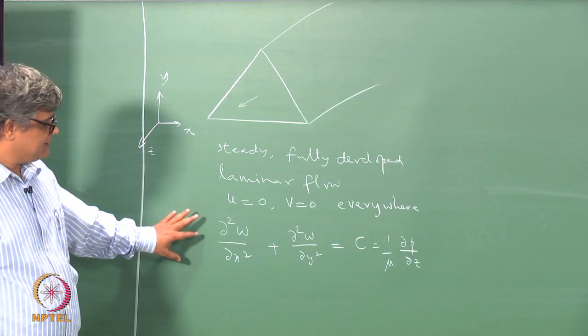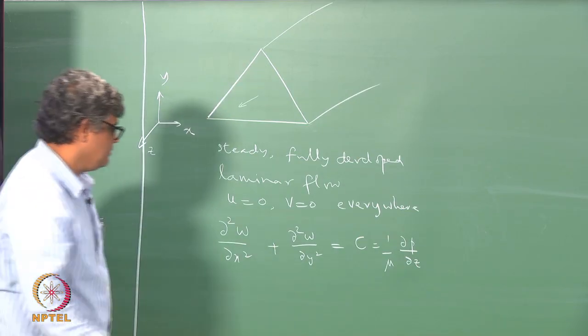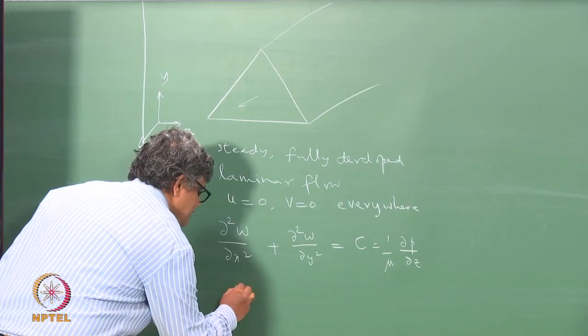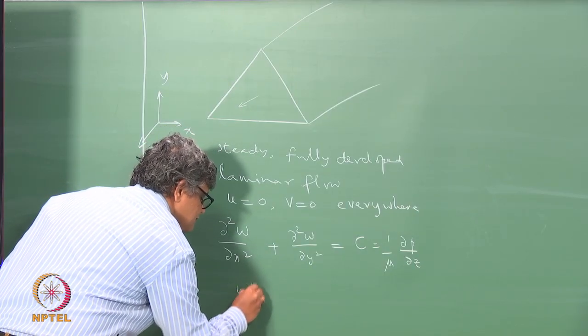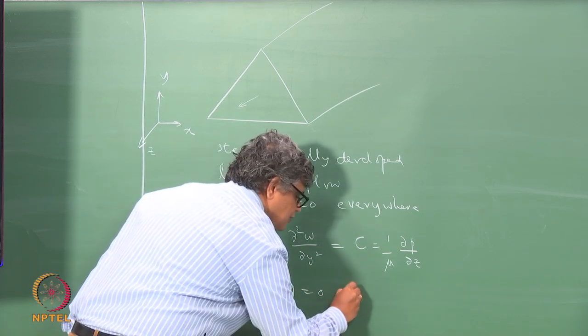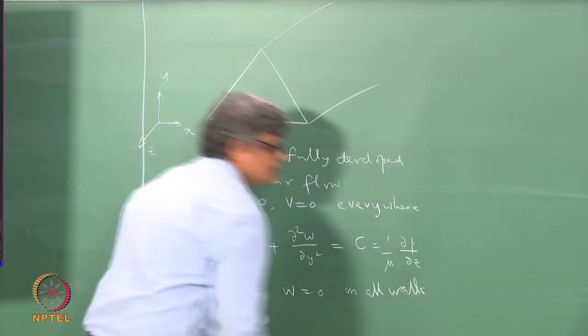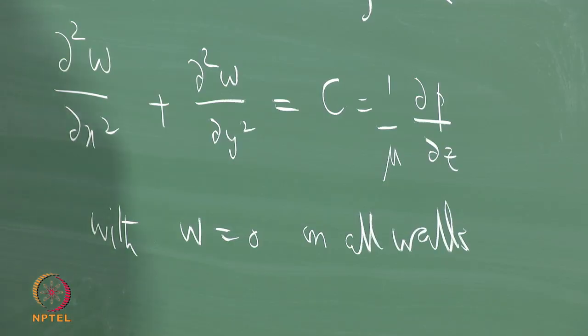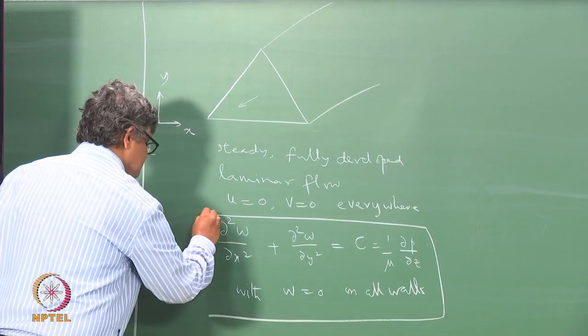Okay, so we need to solve this for this particular shape with the same boundary condition as before, that is with w equal to 0 on all walls as the boundary conditions, and this is the problem that we would like to solve.